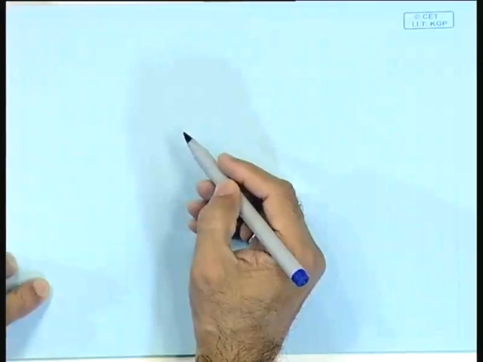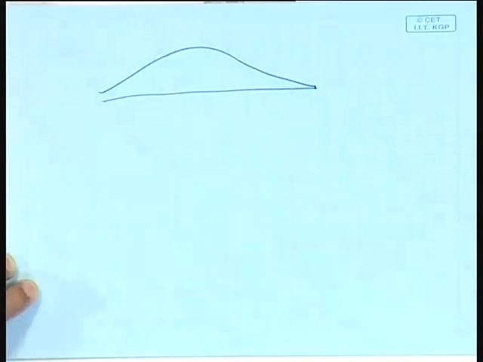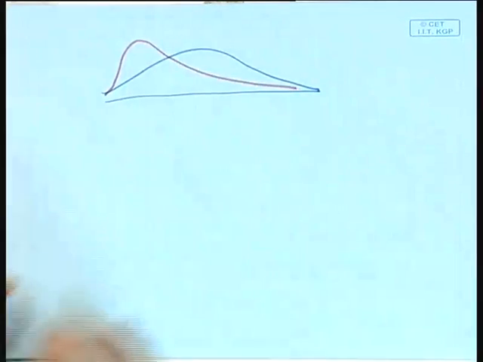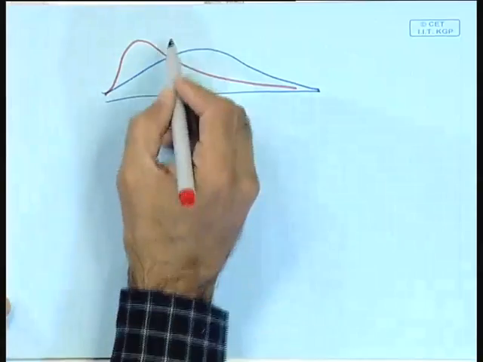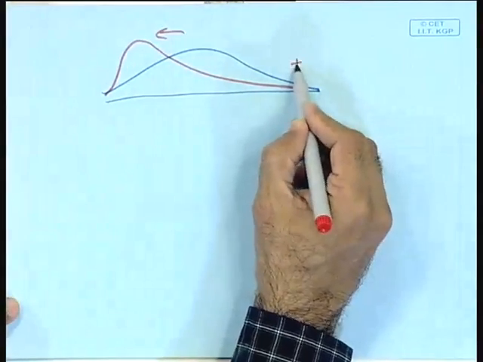Then I may have a situation when, for example, if you look at my chart here, the normal distribution is like this, symmetric. But sometimes the data tends to get skewed. So this distribution could be like this. That's a skew to the left, and this is actually called a positive skew.